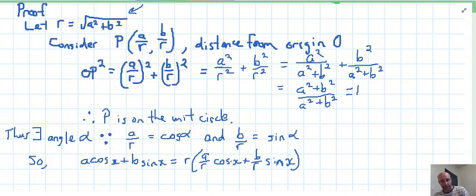If you're a bit lost, the r's will cancel out. There's an r on the outside which will cancel with the r in the denominator, and you'll get what's on the left hand side of the equal sign there.